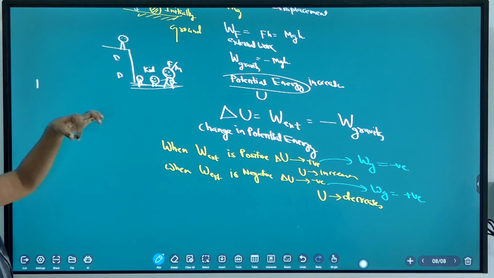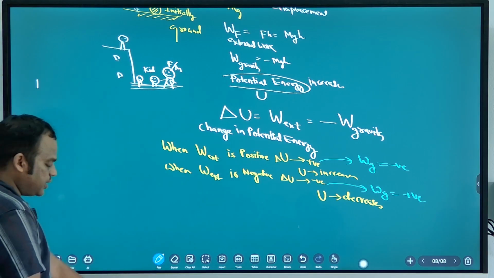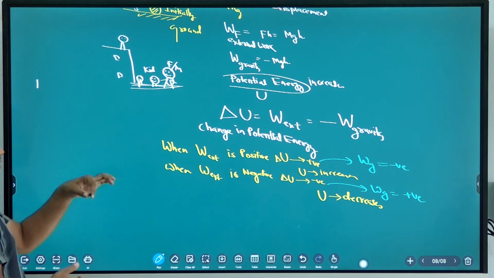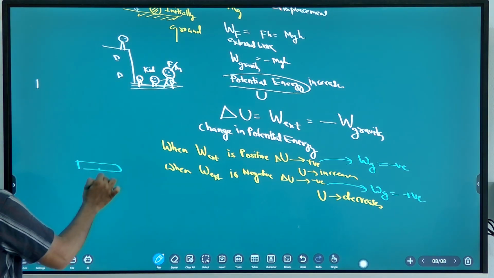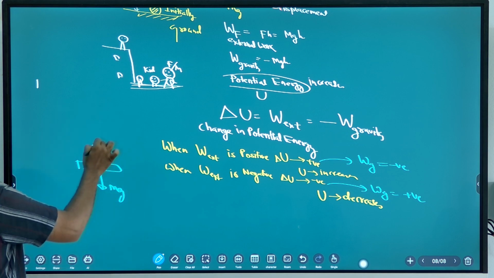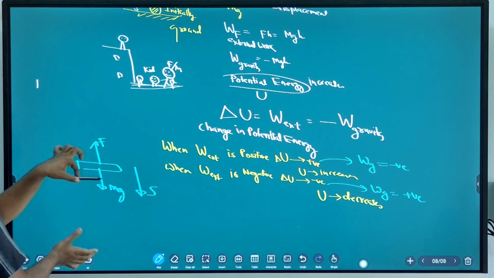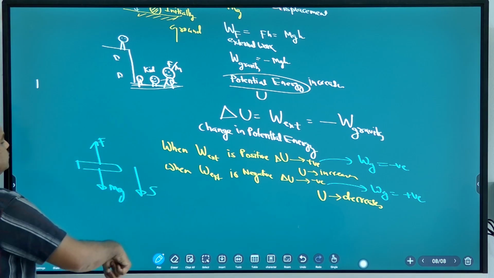Suppose I am taking this object down. So is work done by gravity positive or negative? Positive. External work done? Negative. Suppose this is the object. Mg is acting downward, F is acting upward, and displacement is downward. So mg is doing positive work, F is doing negative work.